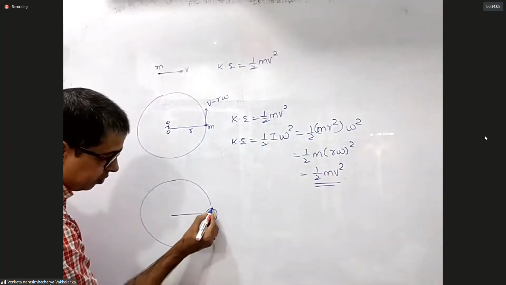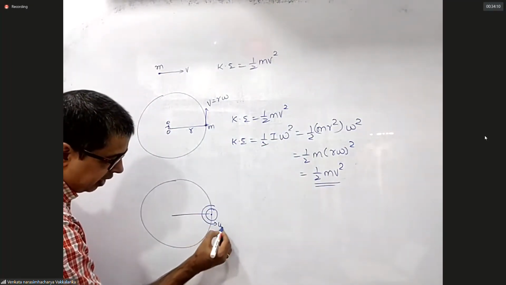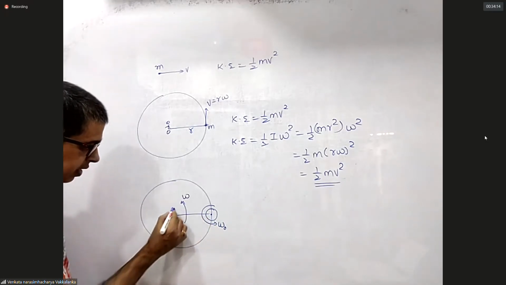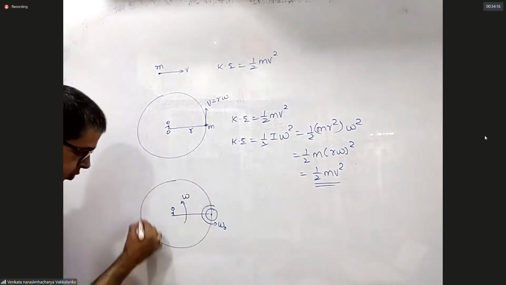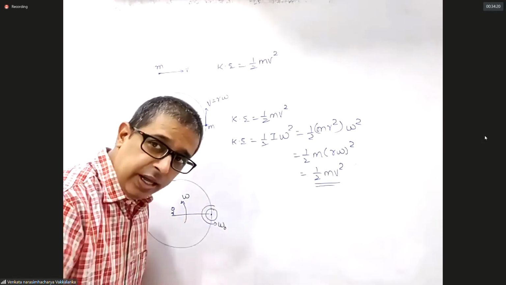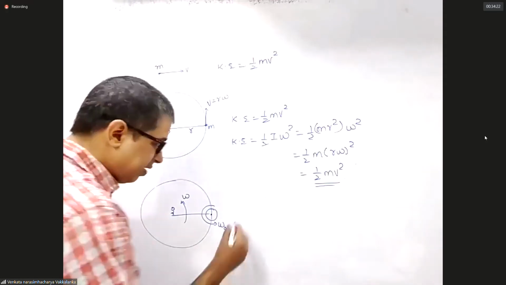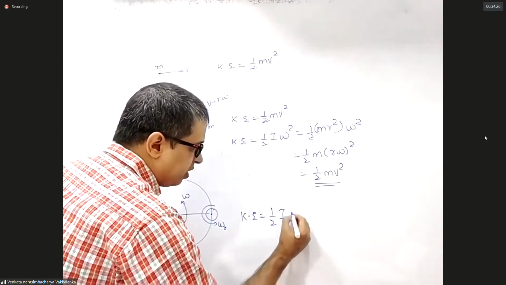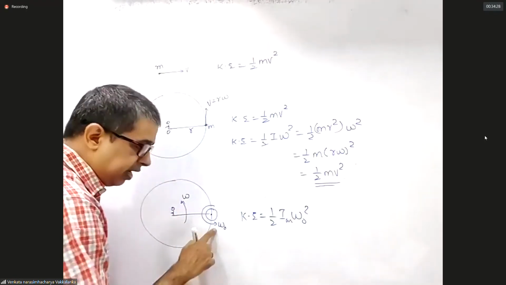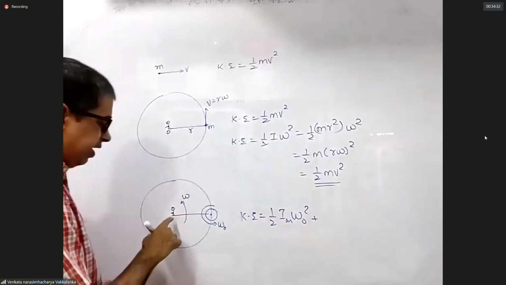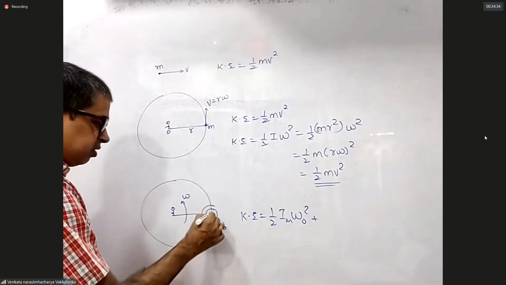Have a look at this. This body may be rotating with an angular velocity omega naught about this axis and omega about this. It is going around the circle in 1 year. It's going around itself in 1 day. Now, kinetic energy of this body is half I_CM omega naught square, the kinetic energy of the body about its center of mass, plus kinetic energy of the center of mass with respect to this.